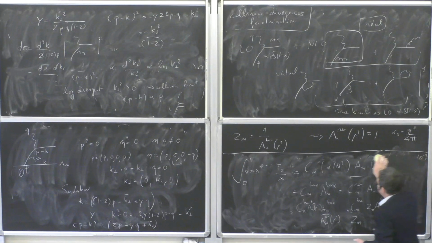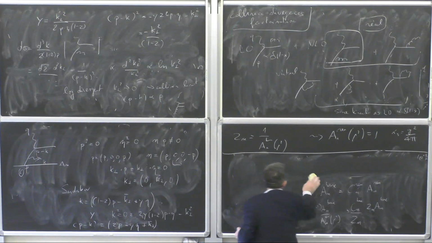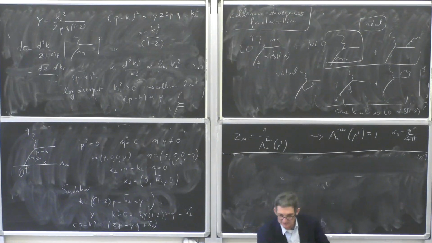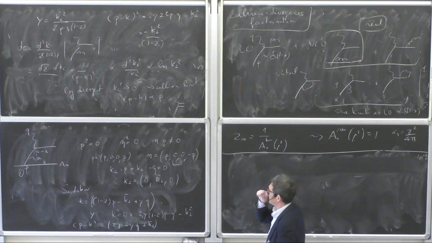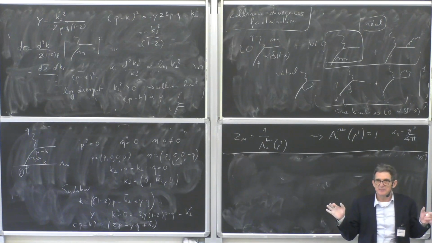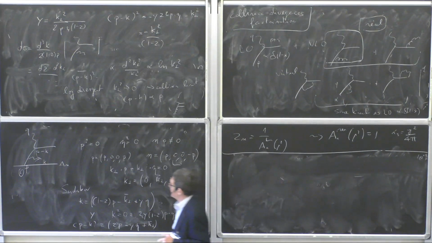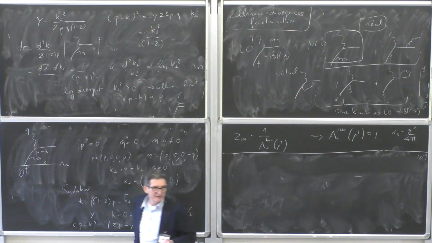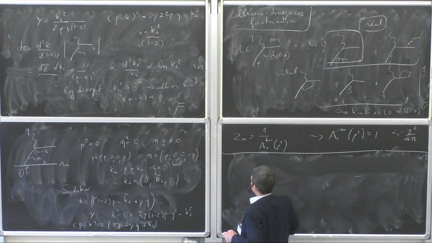Okay? Now, what's the scale dependence induced by the collinear divergence? This is the really important observation. The scale dependence which is induced by the collinear divergence is universal, and it is something which does not depend on the particular process that I'm considering, so deep inelastic scattering. By this, I mean the following.